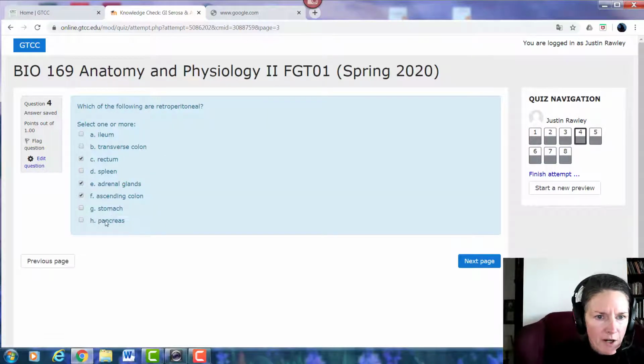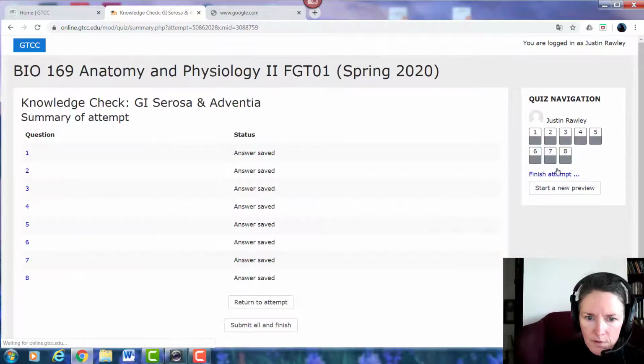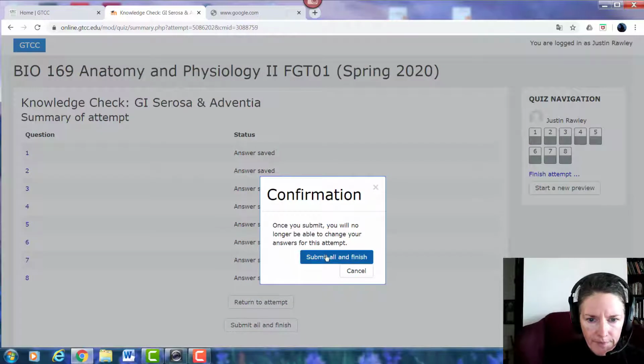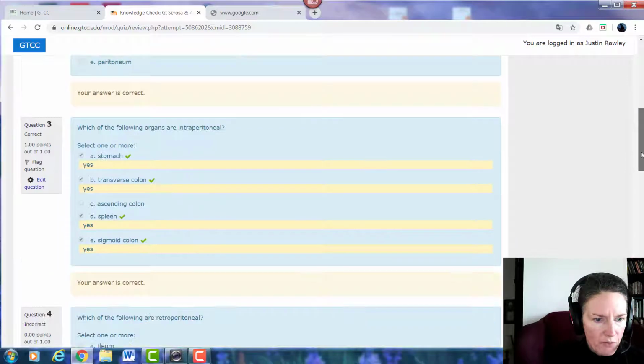So if we go over here, the pancreas we know is retroperitoneal, but we only chose 3. Now let's see what's going to happen. And we will see 4. It counted 4 as wrong.